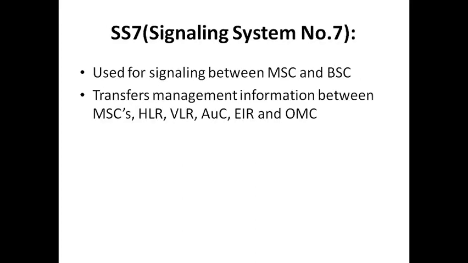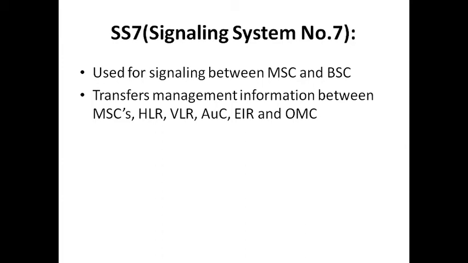signaling system number 7. It is used for signaling between MSC and BSC. This protocol also transfers all management information between MSCs, HLR, VLR, AUC, EIR and OMSC. It means it maintains the synchronization between all the parts of the GSM architecture.